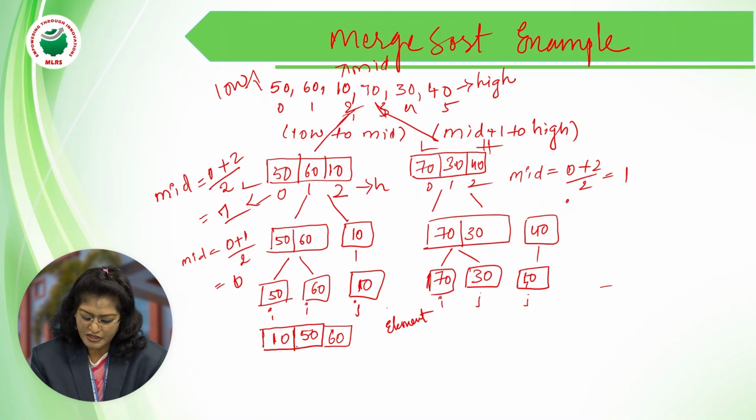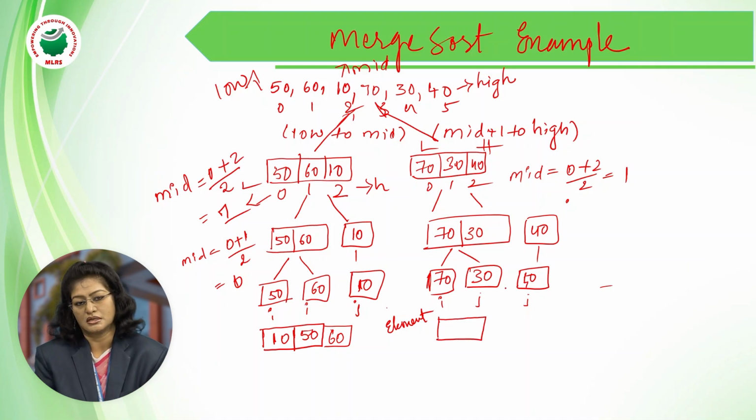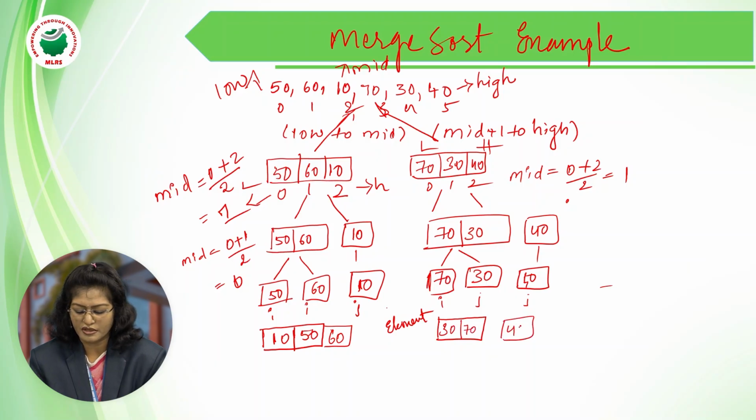Here 50 and 60 we have compared: 10, 50, 60 we have completed, and next we have 70 and 30 to compare first. So 30 is less. Okay, 30 is the lesser value. So we are moving on to the 30 comparison, 70 with 30. The 30 will be inserted here and 70 will be inserted next. 40 will be, and again you are going to compare it with this: 30, 40.